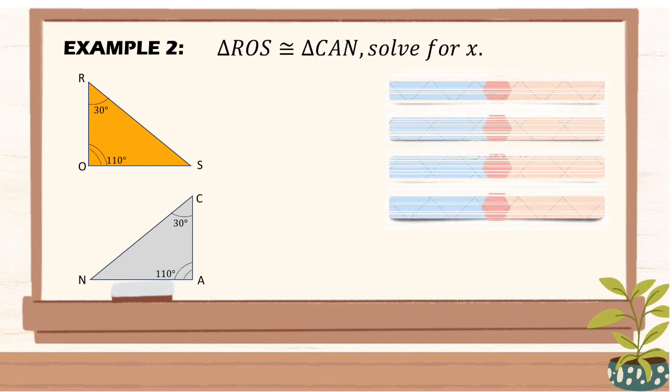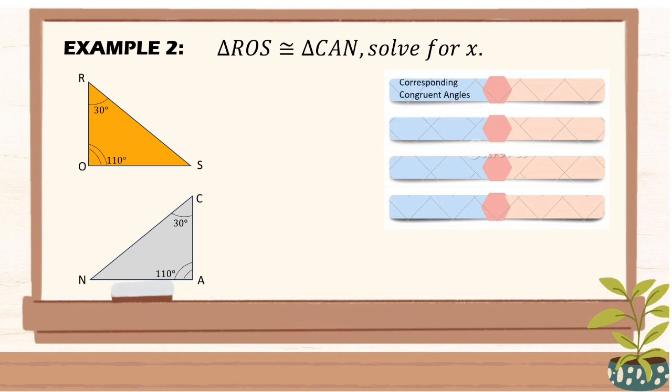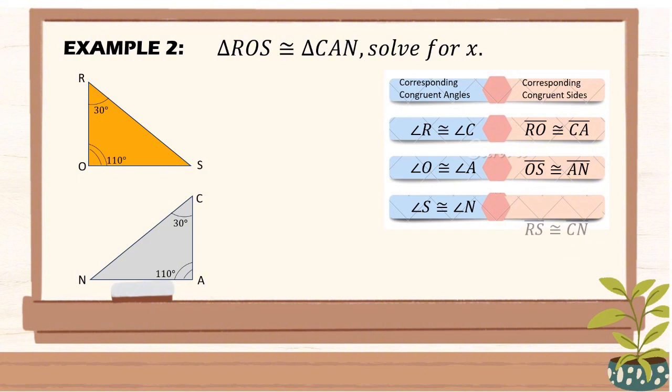The corresponding congruent angles and corresponding congruent sides are given. Angle R is congruent to angle C, angle O is congruent to angle A, angle S is congruent to angle N. In sides, RO is congruent to CA, OS is congruent to AN, and RS is congruent to CN.